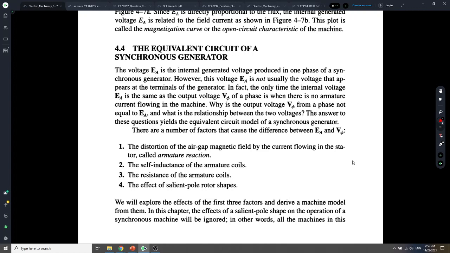EA is the internal generated voltage. EA is not usually the voltage that appears at the terminal. So when we measure the voltage at the output of the generator, normally we will not get the EA value.